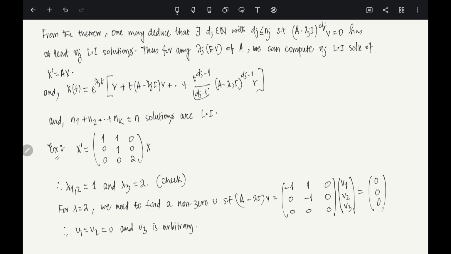Minus v1 plus v2 equals 0, so v1 and v2 are the same, and v2 is 0 from the third equation. So v1 and v2 are 0. What is the one solution which you are going to get? Let's call this x3 of t. It will be e to the power 2t times the corresponding vector, which we will choose as (0, 0, 1).